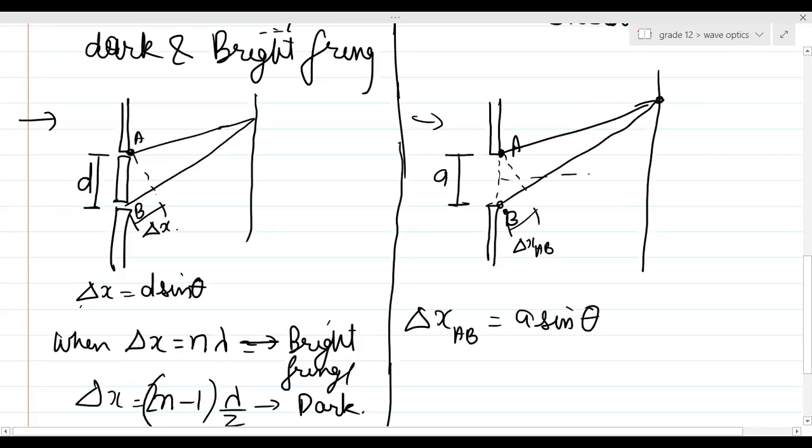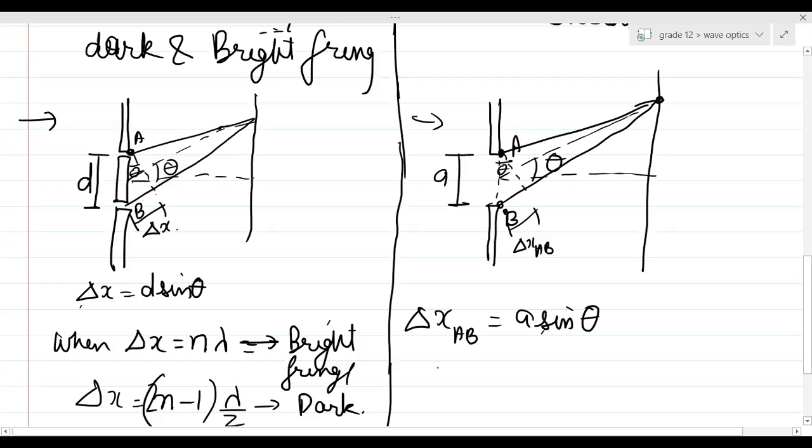Please remember what theta is, guys. This angle is theta. This angle is also theta. So here it is a sin theta, right?